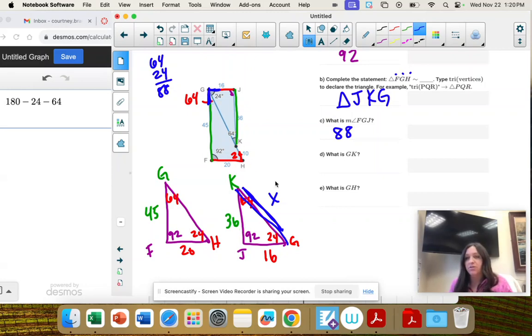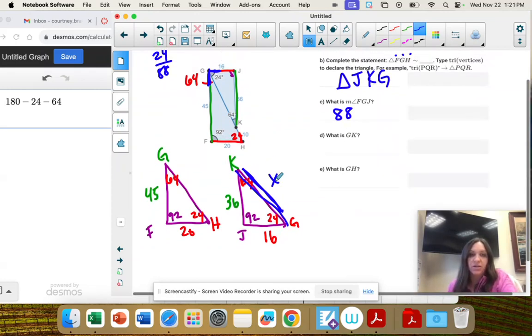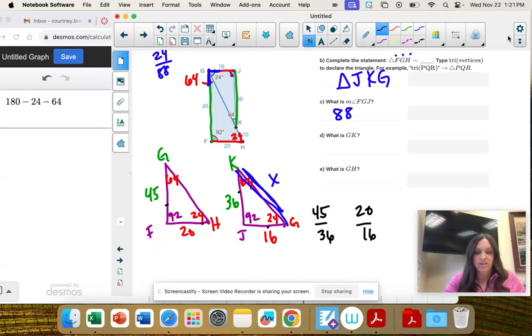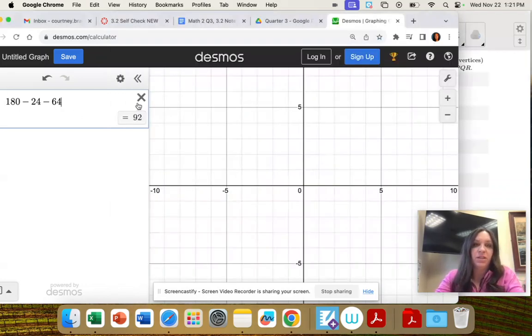So it's not a right triangle, so we cannot use the Pythagorean theorem. I can use these other sides, though, to get my side ratio. So if I go 45 to 36, and then 20 to 16, I'm just going to put it in here.